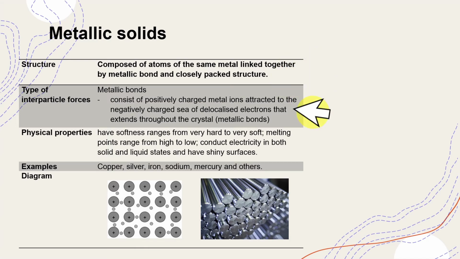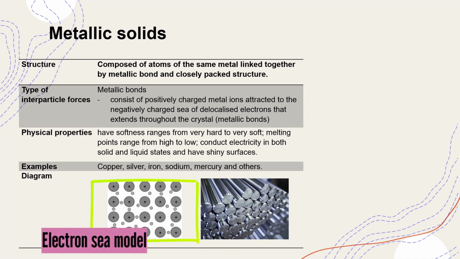What is metallic bond? The metallic bond is the interparticle force in the metallic solid, and basically metallic bond consists of positively charged metal ions attracted to the negatively charged sea of delocalized electrons, and this extends throughout the crystal. And remember, metallic bonds can use the electron sea model to model it as in the diagram.